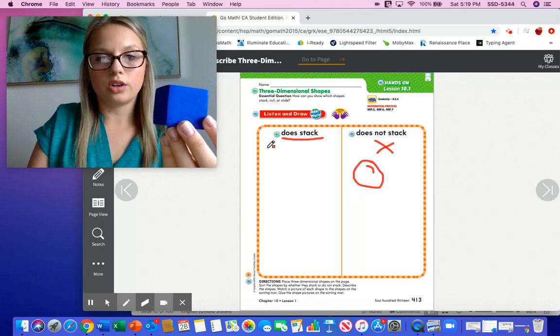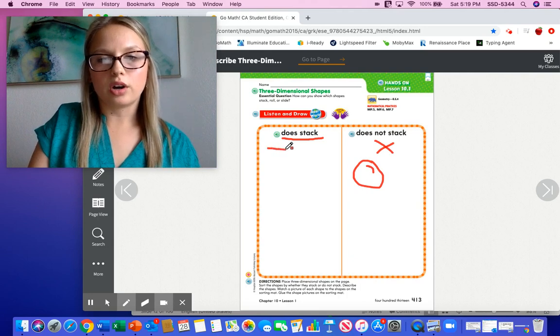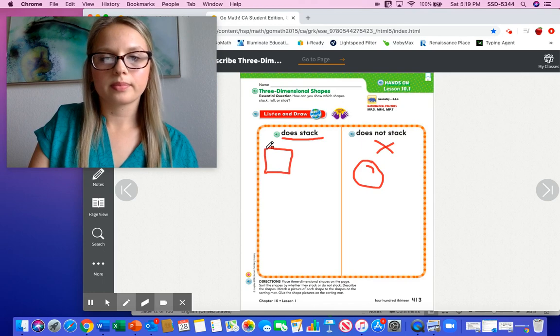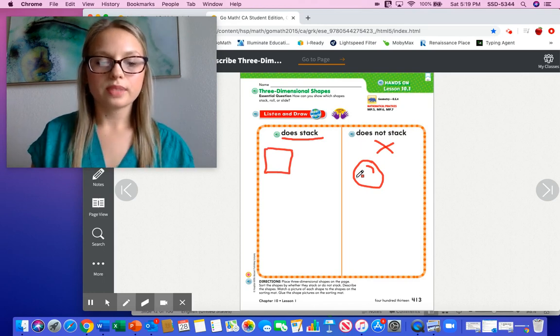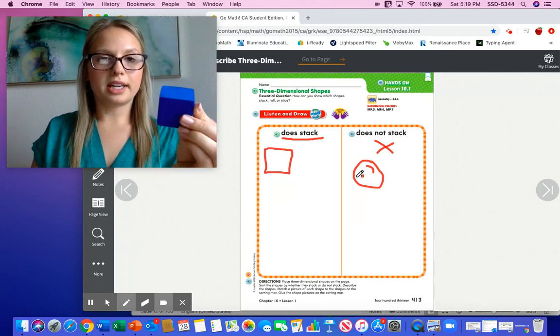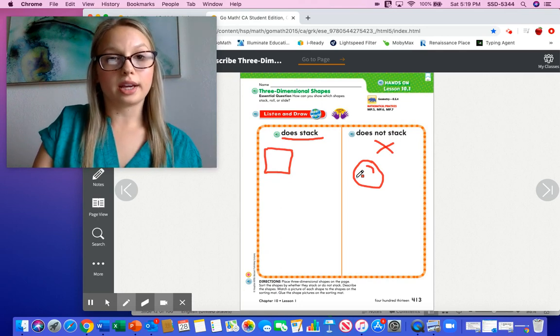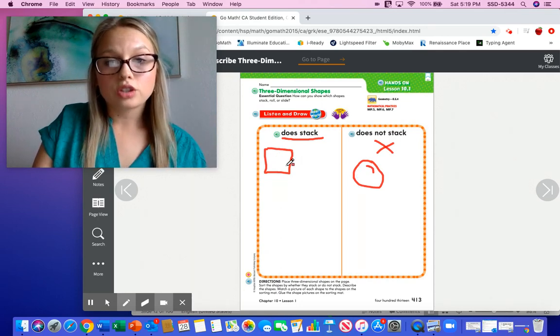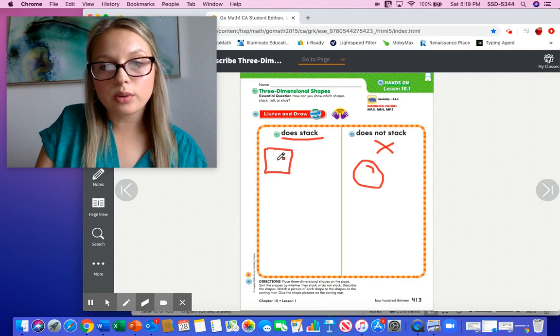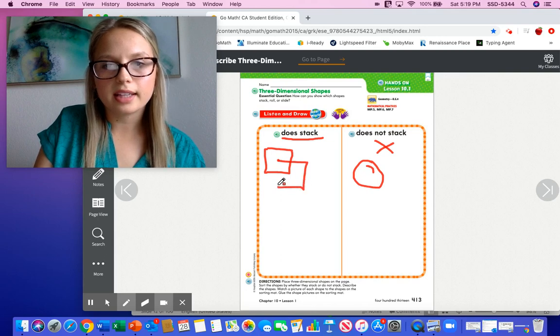To draw a cube, I'm going to start by drawing a square. And we have to make it look three-dimensional or like it's a real-life object. So I'm going to start in the middle of my square over here, and I'm going to draw another square like this.